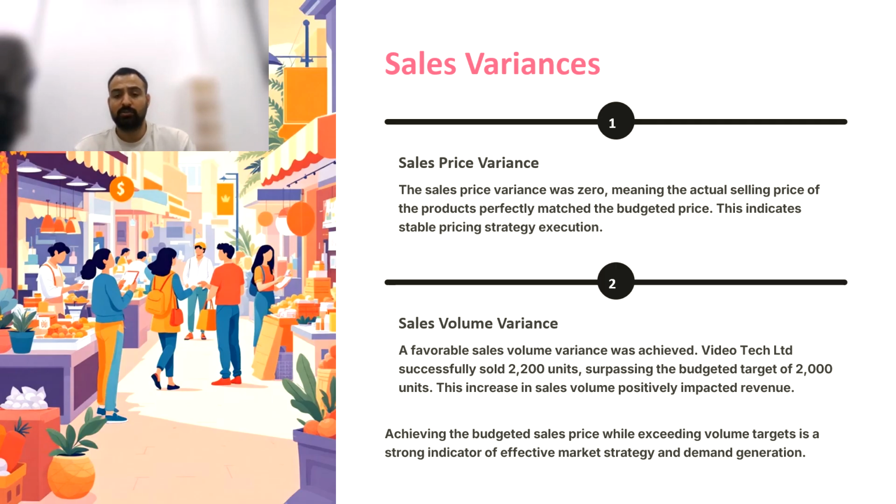Videotech Limited sold 2,200 units, exceeding the budgeted target of 2,000 units, which is a higher sales volume that had a positive impact on revenue. And achieving the planned price while exceeding sales volume targets indicates strong market demand and an effective sales and marketing strategy. And the remaining slides, my friend will continue.